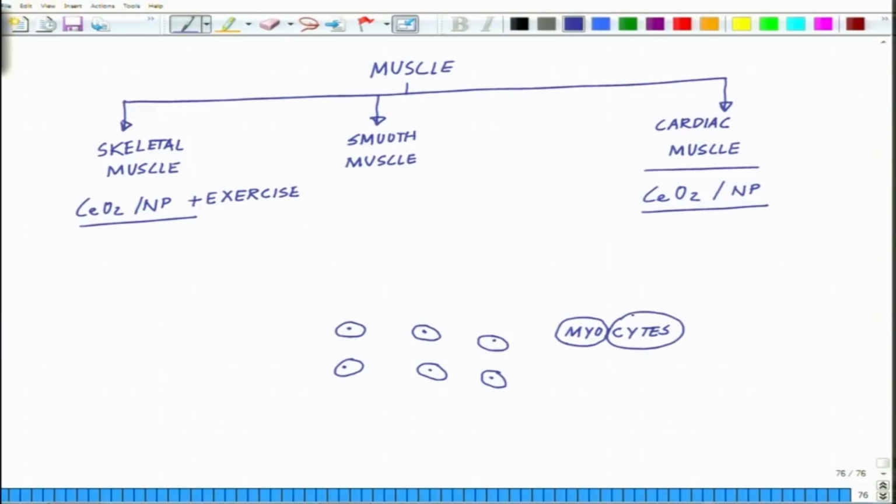Over a period of time, they start to divide like this. Each one of these masses starts to divide, going through some finite number of divisions.